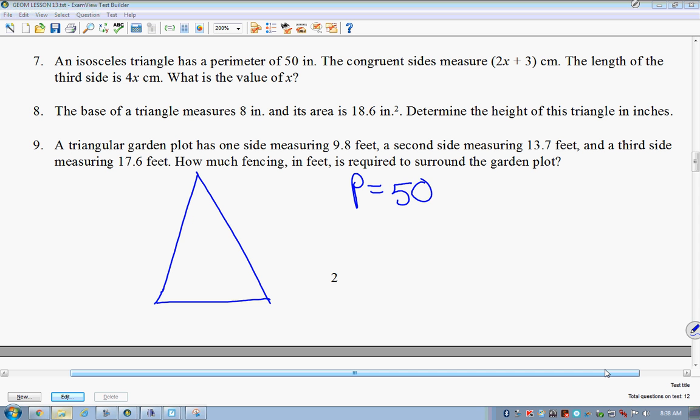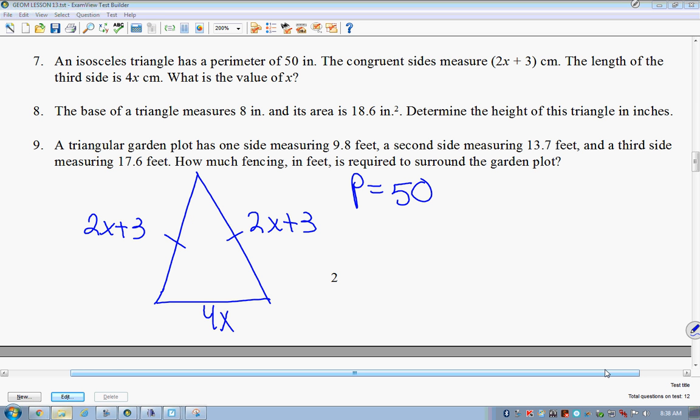Because it's isosceles. So let's do that there. All right, the congruent sides, right? Those 2 places with the tick marks. What am I going to write next to those sides? Jose? So I got 2x plus 3, 2x plus 3. What's the third side? 4x.